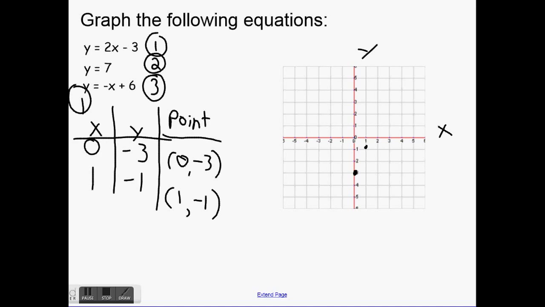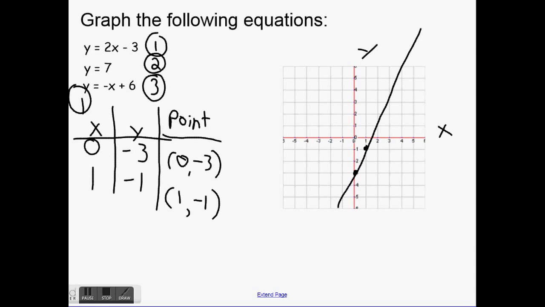When x is 1, y is negative 1, so I get a point there. The x value goes here, the y value goes here, and then you plot your point. And then once you have this, you just connect the dots.